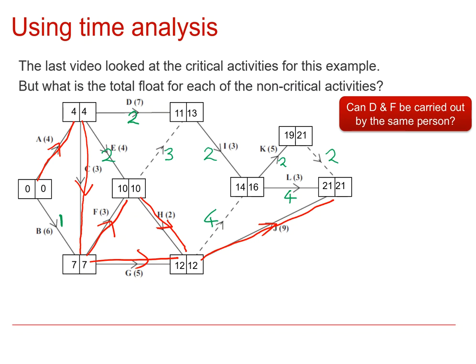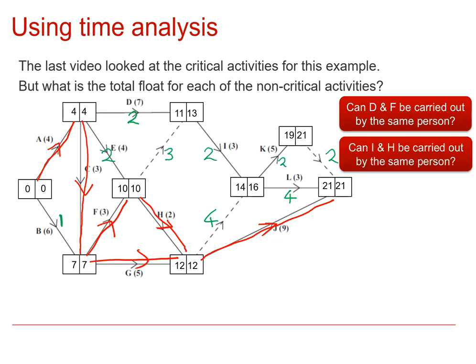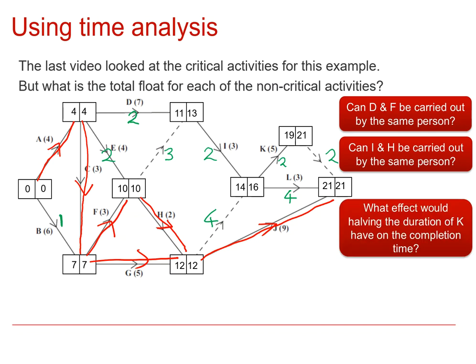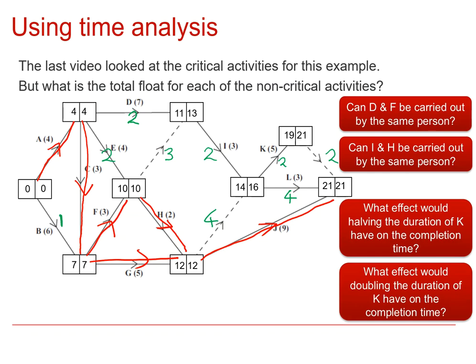Is it possible for them to be carried out by the same person? What about H and I? Can they be carried out by the same person? What effect would it have if we changed one of these durations? So for example, if we halved the duration of K, or if we doubled the duration of K, what effect would that have?